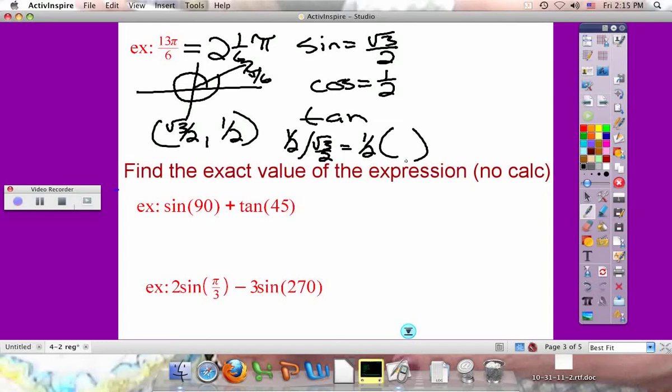So, because it's y over x. So we've got 2 over square root 3, which equals 1 over the square root of 3, which converts to square root 3 over 3.